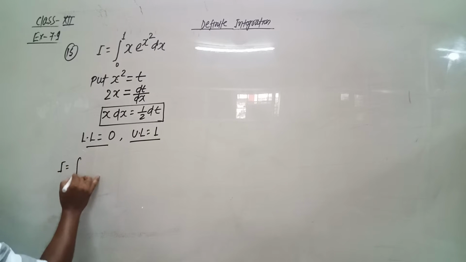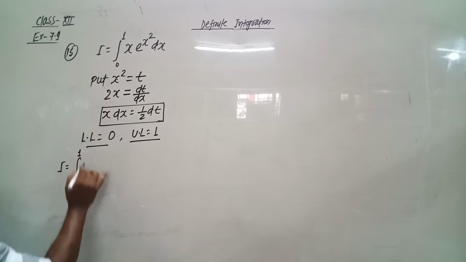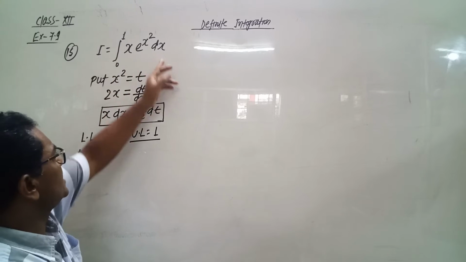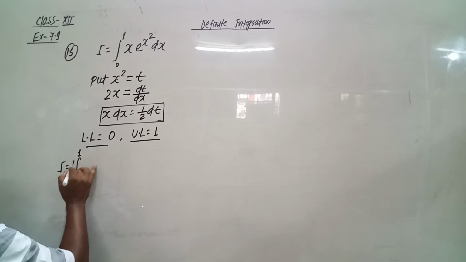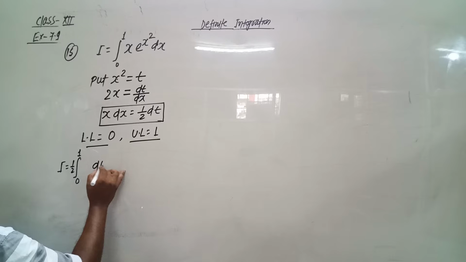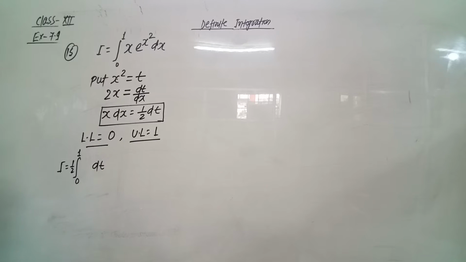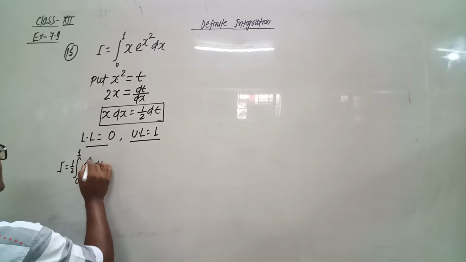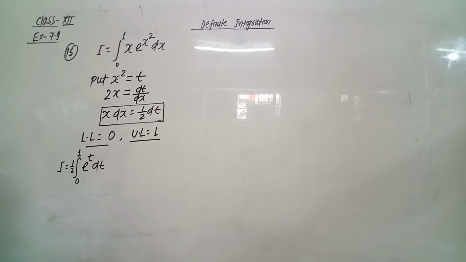Then I equals integration 0 to 1, and for x dx we write 1 by 2 dt, and for e raised to the power x square we write e raised to the power t, because x square we have substituted as t.